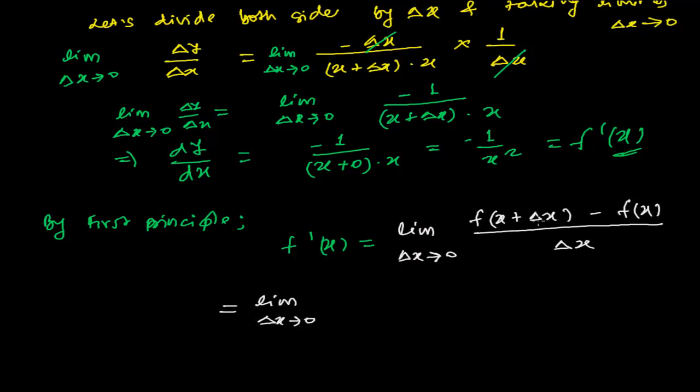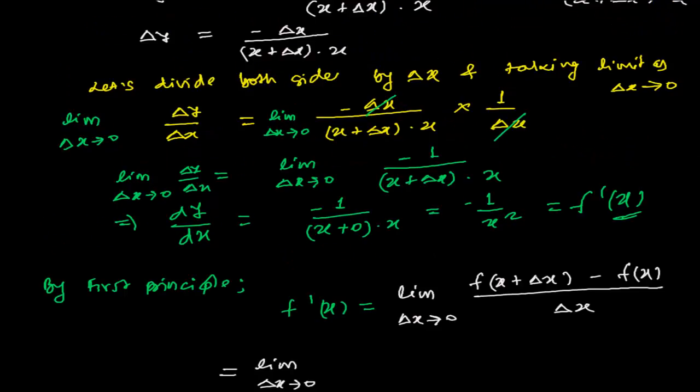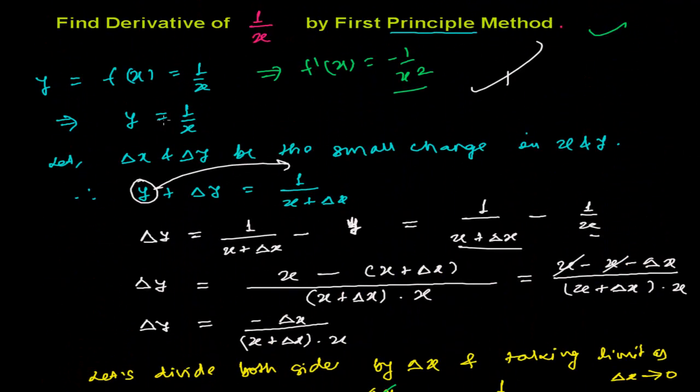Now f of x plus delta x. Now here in this function, f of x, we have 1 by x. When you put in this function x, you'll get 1 by x. So when you put here p, you'll get 1 by p. If you're putting here 1 apple, then you'll get 1 over 1 apple. So similarly, if you're putting here x plus h, you'll get 1 over x plus h, right?